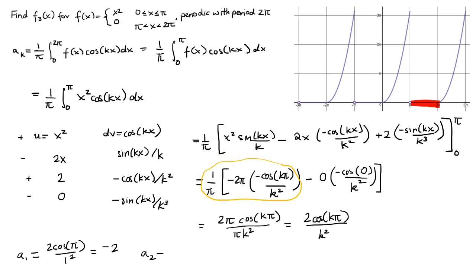A2 is 2 cosine of 2 pi over 2 squared. All right, so that's 1/2. And A3 is equal to 2 cosine of 3 pi over 3 squared. And that's equal to -2/9. Awesome. Now let's look at BK.